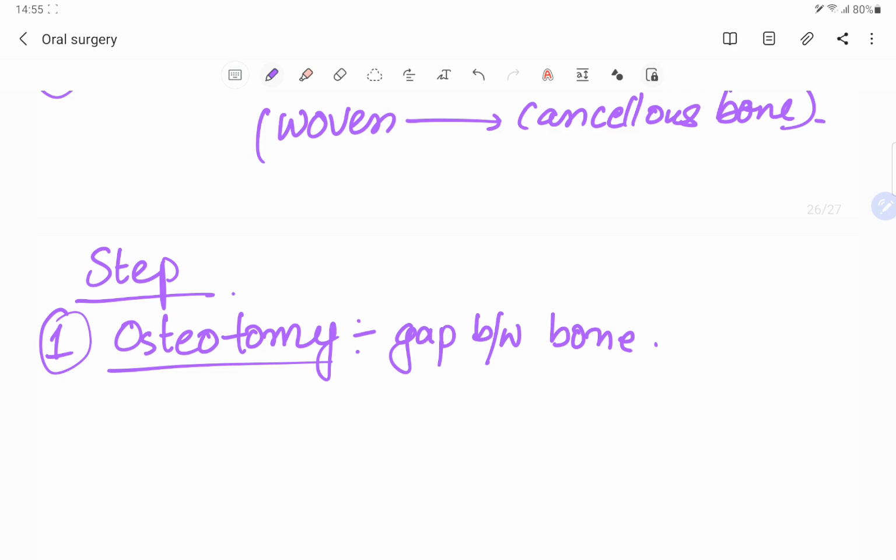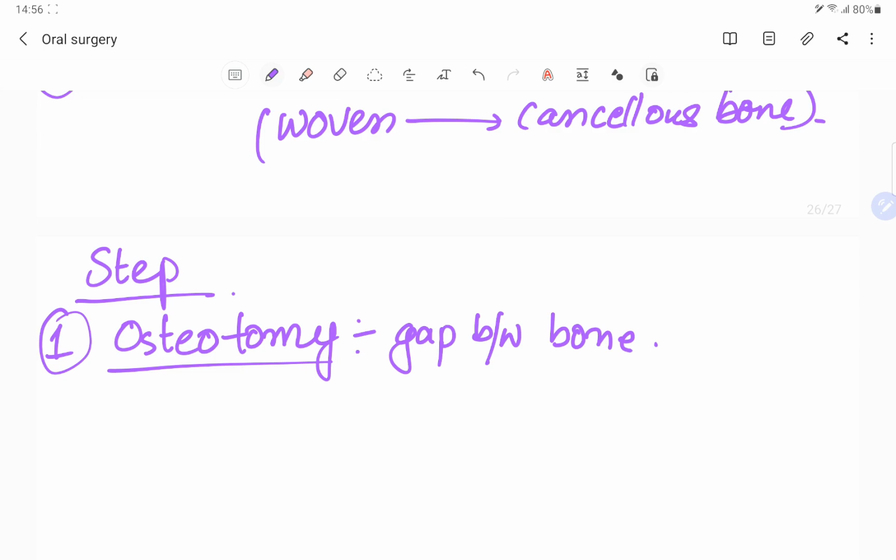We use very low energy for preparing the osteotomy, and along with that we also use the irrigants so that there is no necrosis of the bone. So if we exceed 47 degrees Celsius for a minute, then there can be chances of necrosis of the bone due to heat of the burr which we are using to prepare the osteotomy. So whenever we are using the burr to make a cut in the bone, we have to be very careful that we are not overheating the bone.